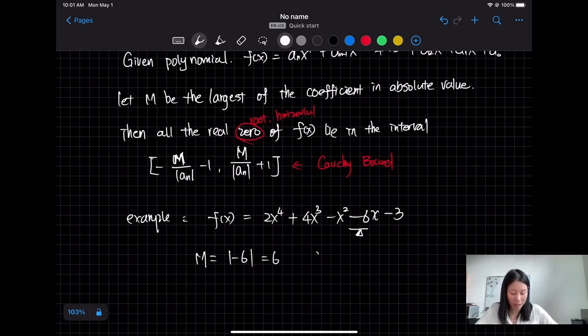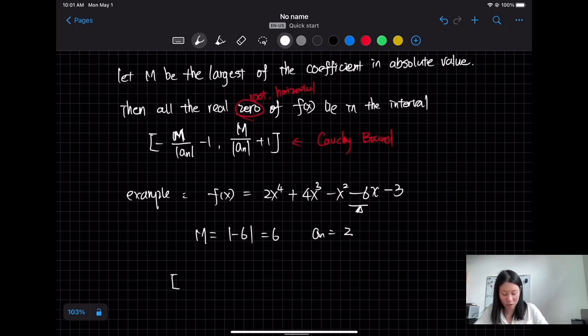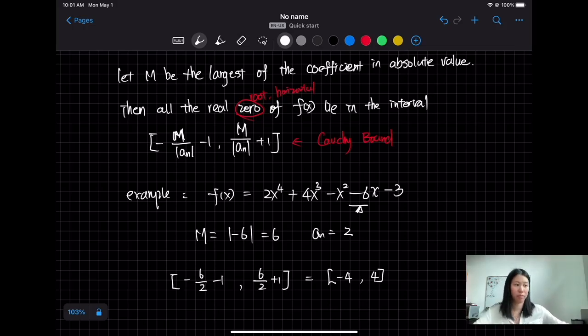And a_n is 2. So our Cauchy bound is negative 6 divided by 2, minus 1, and 6 divided by 2, plus 1. So our Cauchy bound is from negative 4 to 4. All the zeros of f(x) are going to be in the interval from negative 4 to 4.